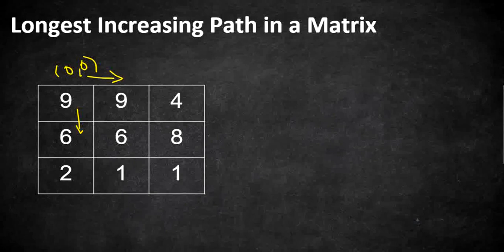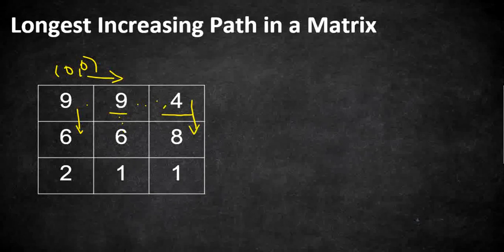So now moving on to the next cell 0, 1, checking whether the adjacent or neighbor value is increasing. None of them in all three directions are increasing. So we are moving to the next cell, that is 0, 2, and from here we are checking whether there is any path that is in increasing order. From 4, we can go only down.